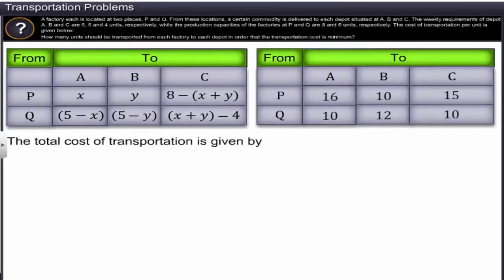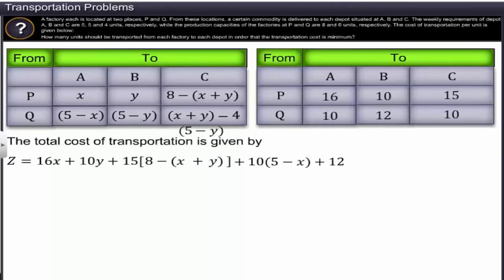Using the table for cost and the number of units, and simplifying, we get the total cost of transportation as X minus 7Y plus 190.